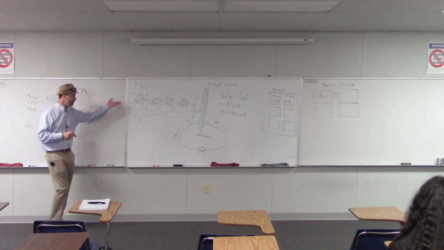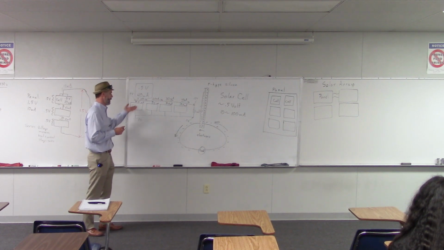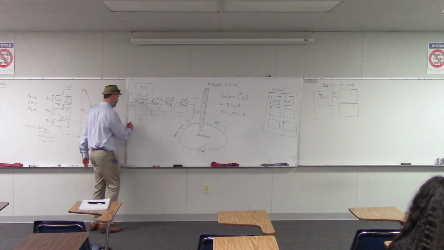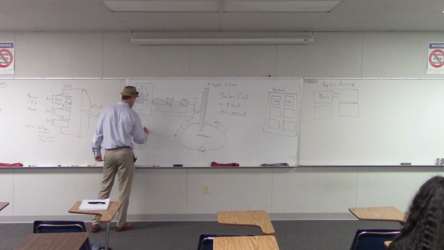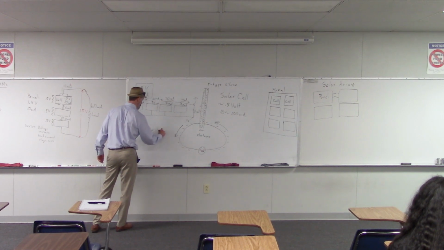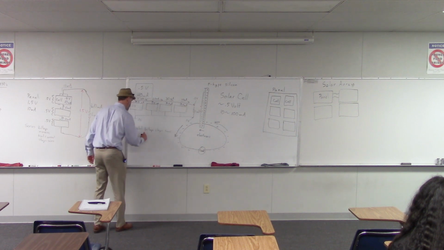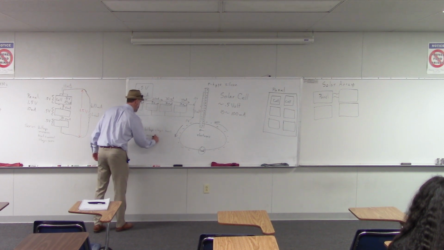So we can see that when we wire the panels or the cells in parallel, the voltage stays the same, but current increases.